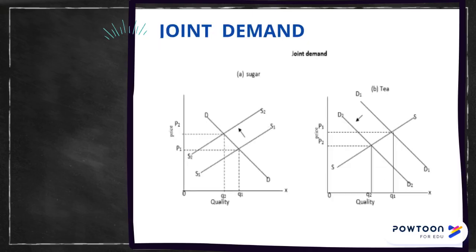Now, let's look at joint demand. If we look at this graph, we have sugar and tea. Sometimes, two or more commodities are needed jointly. The two must be present simultaneously before they could be consumed or utilized.